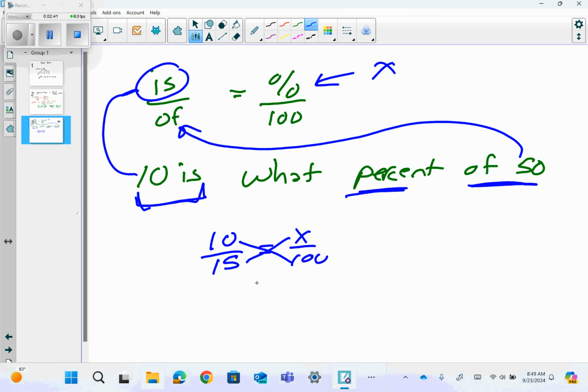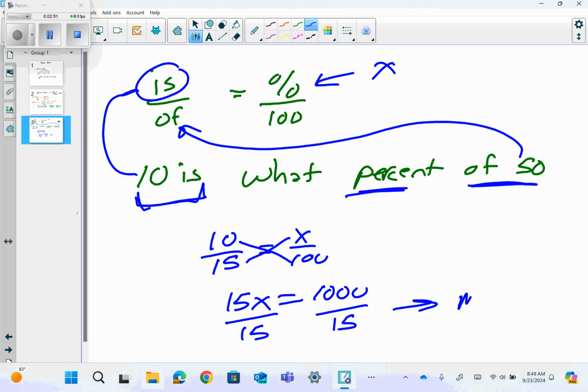Cross multiply, so you get 50x equals 10 times 100, which is 1,000. Divide both sides by 50, and then make it a percent as your answer. So go ahead and use a calculator to get that answer.